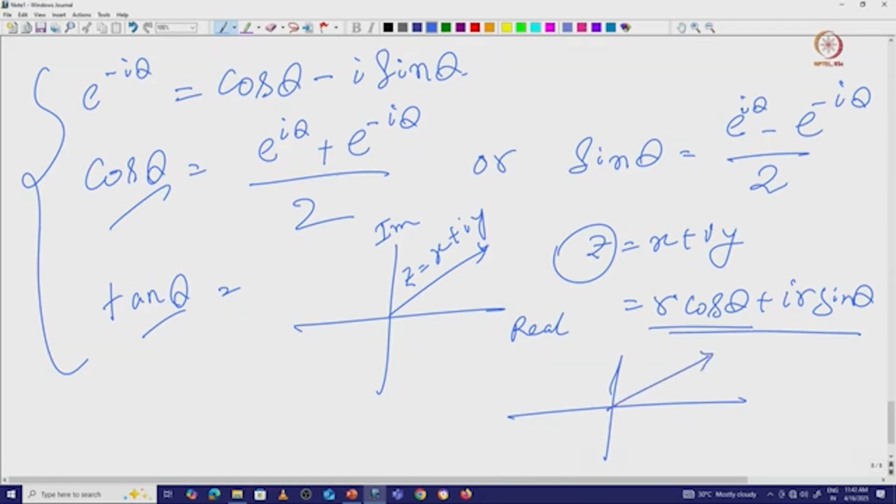So it will be r cos theta and r sin theta, and this will be imaginary and real.